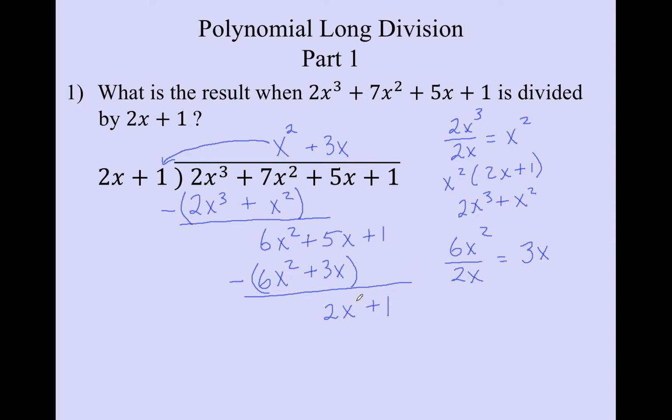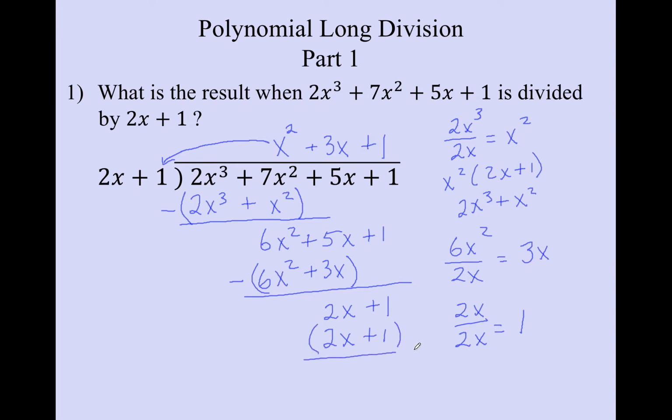Bring this down. Take the first term again, 2x divided by just the 2x. That's plus 1. Then multiply 1 times 2x plus 1. Becomes 2x plus 1.